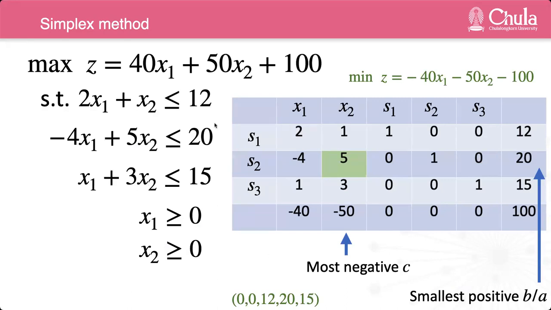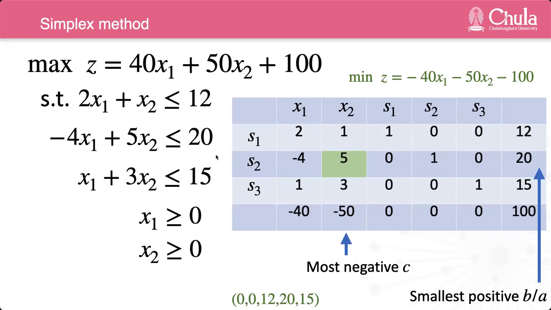We start from this problem. We have the objective function 40x1 plus 50x2 plus 100. And the first constraint is 2x1 plus x2 less than or equal to 12.